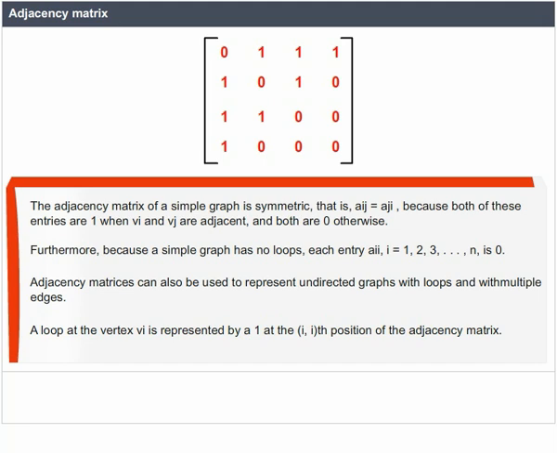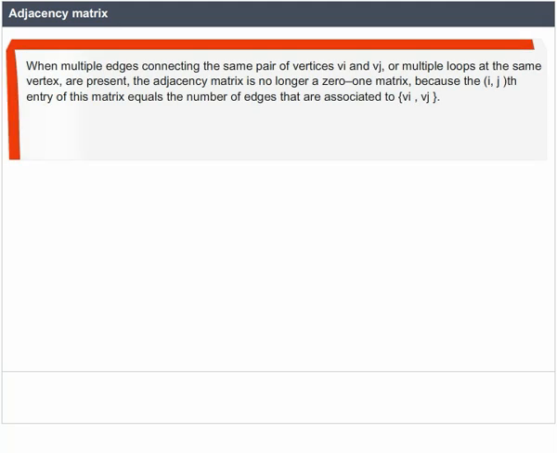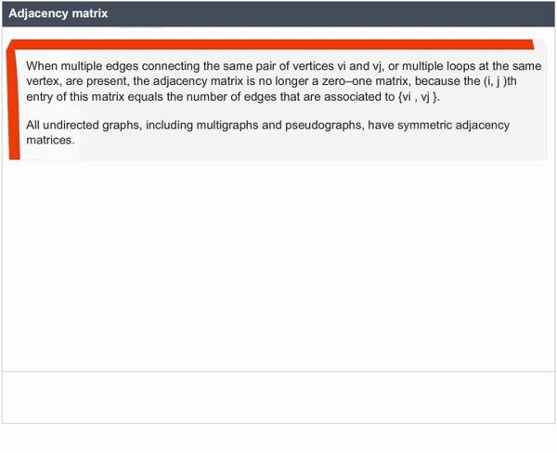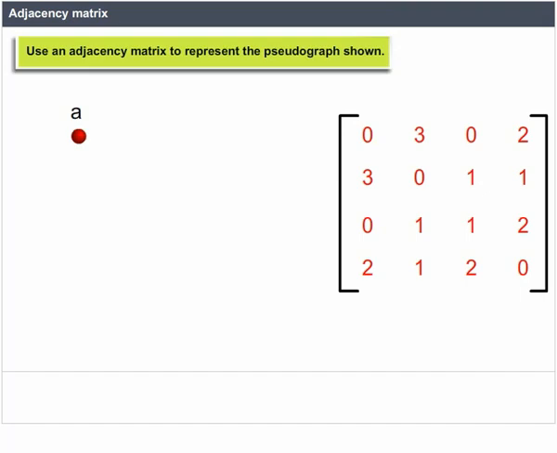When multiple edges connecting the same pair of vertices vi and vj, or multiple loops at the same vertex, are present, the adjacency matrix is no longer a 0-1 matrix because the (i, j)th entry of this matrix equals the number of edges that are associated to {vi, vj}. All undirected graphs, including multigraphs and pseudographs, have symmetric adjacency matrices. Use an adjacency matrix to represent the pseudograph shown.